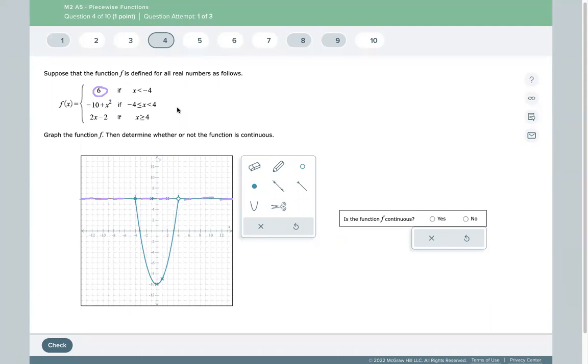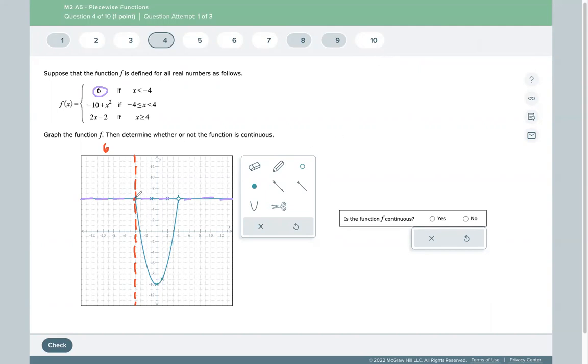Then, because we're only using values that are less than -4, we only consider everything less than -4. So from this line, which is the edge of the previous graph, 6 is only going to be used from that line to the left.